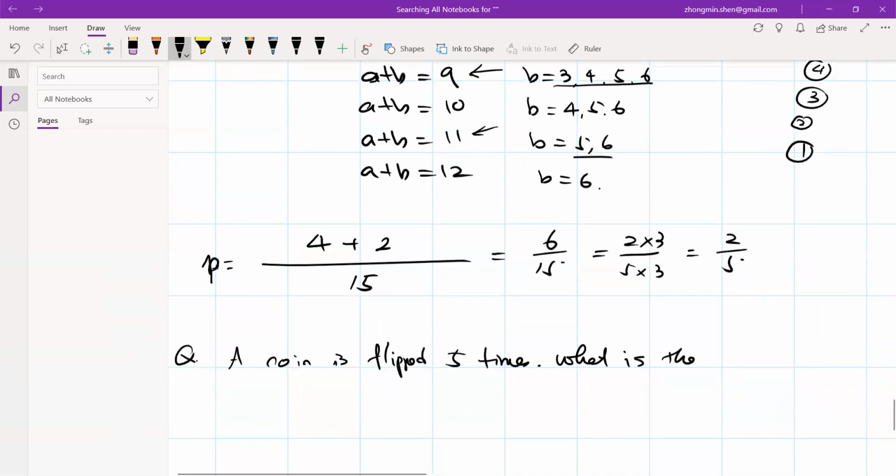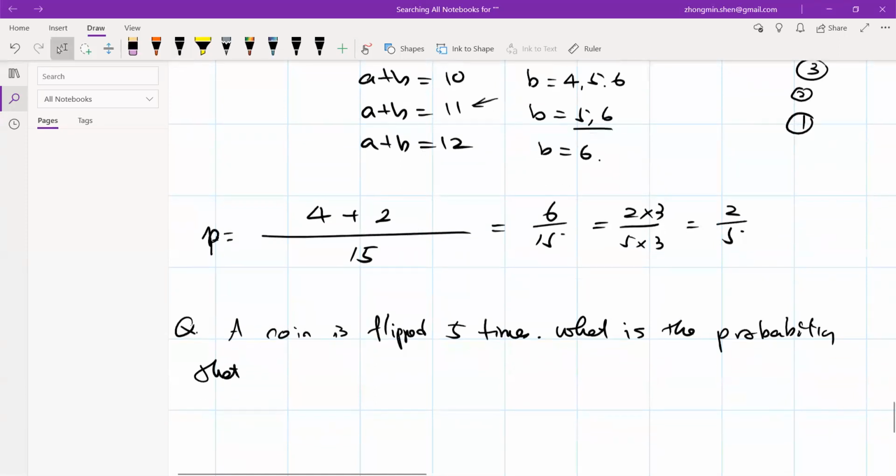What is the probability that exactly three of them landed heads?